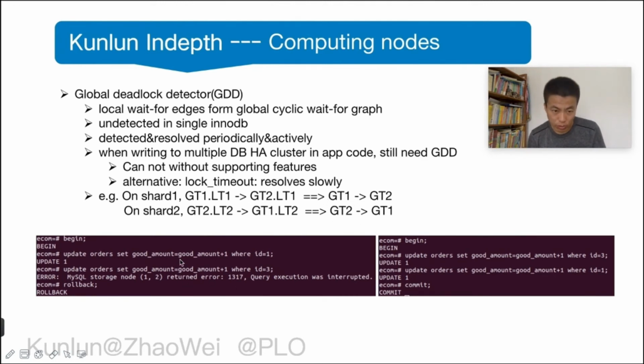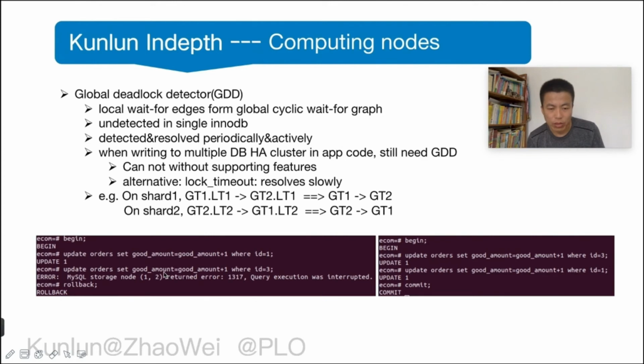In the two pictures, we can see the first transaction on the left is updating the row with ID 1. On the right, GT2 updates the one with ID 3. This happens on shard 1, this on shard 2.